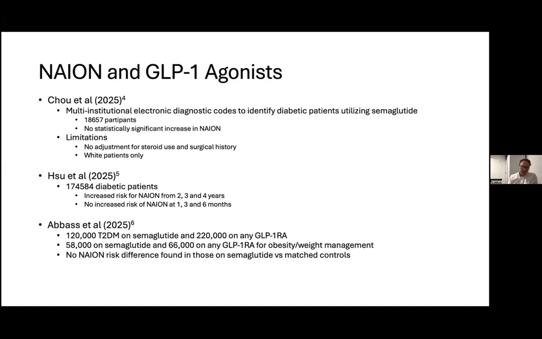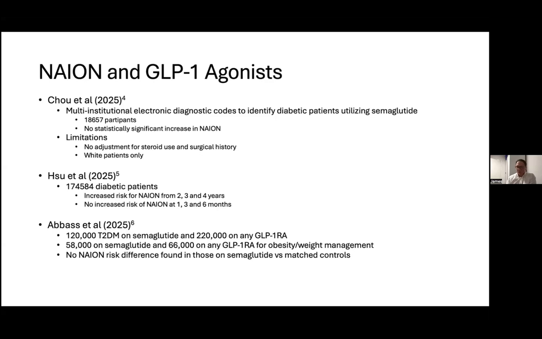Su and colleagues had an even larger study, and conversely, they did find an increased risk for NAION at the 2, 3, and 4 year mark following initiation. They didn't find any increased risk of NAION at the 1, 3, and 6 month points, interestingly. And Abbas and colleagues, again on a very large cohort, looked at semaglutide and other GLP-1 receptor agonists in populations for diabetes and weight management, and they found no increased risk.